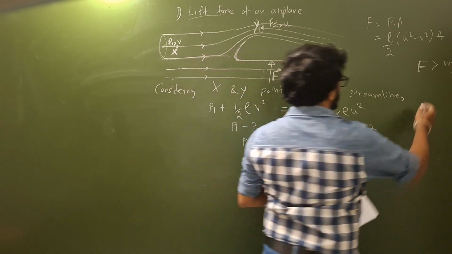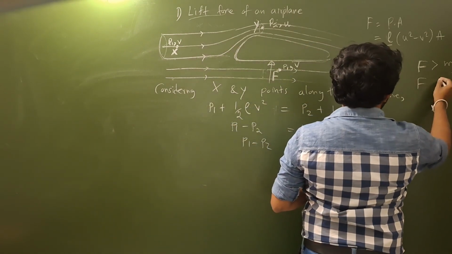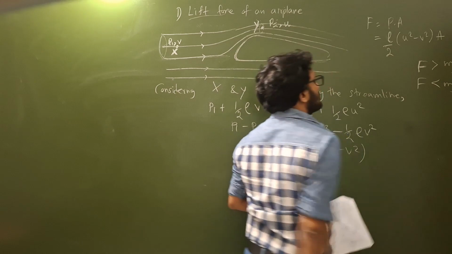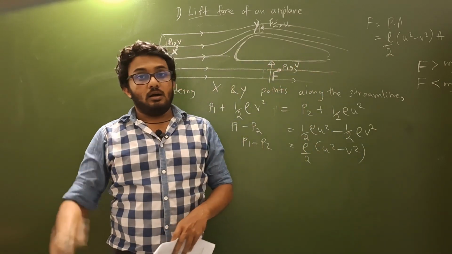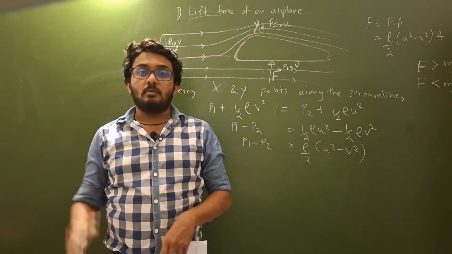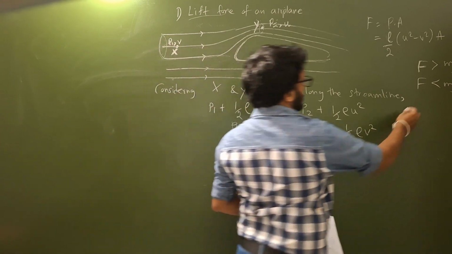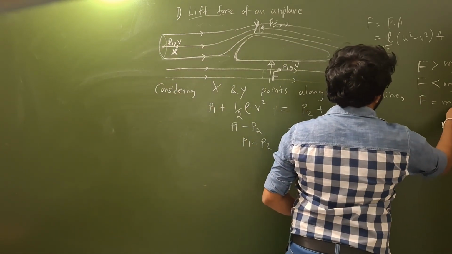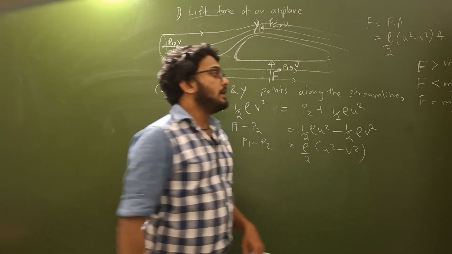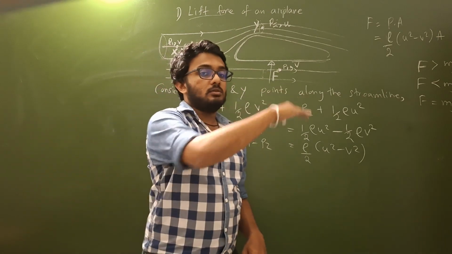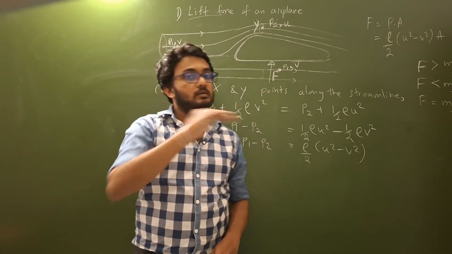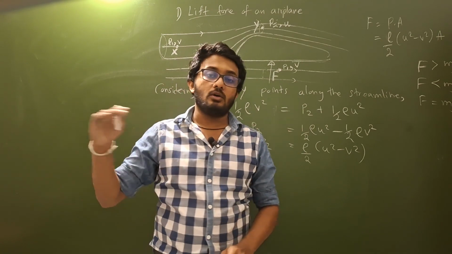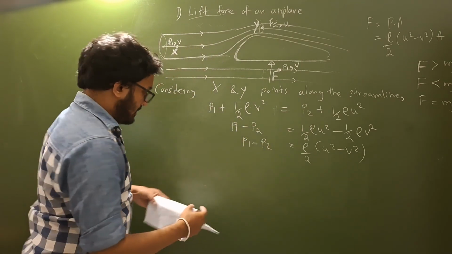Or if the force is less than mg, then the plane will descend, the plane will come down. Or if F is equal to mg, then the plane will stay on the same horizontal level, it will go horizontally, right?